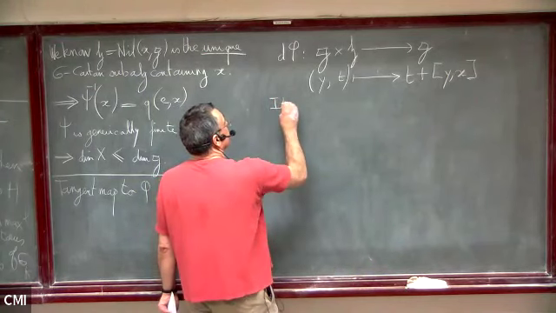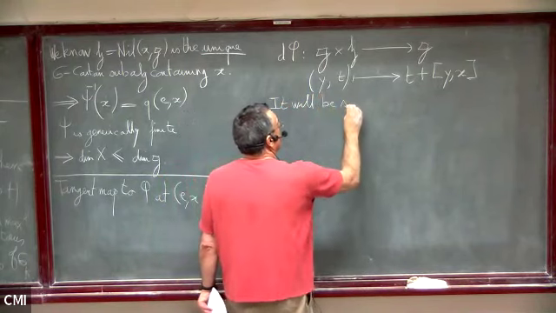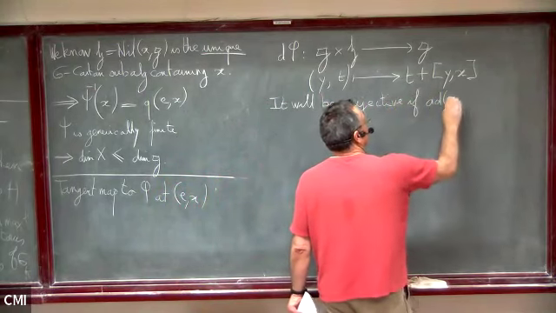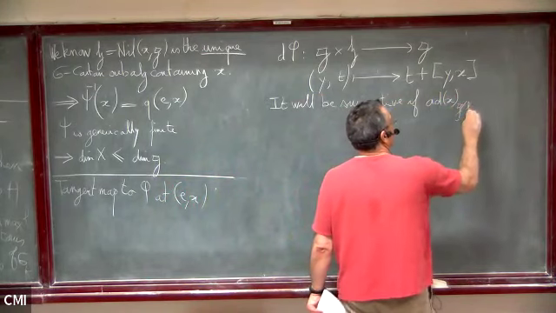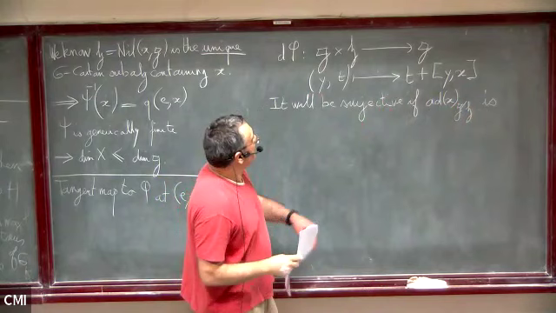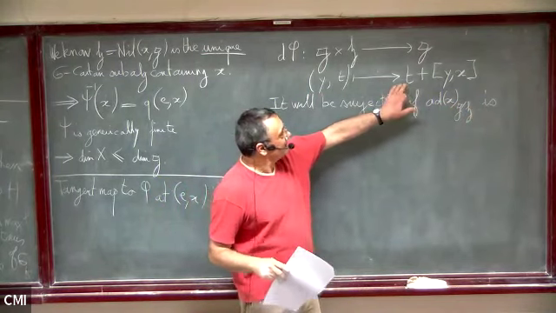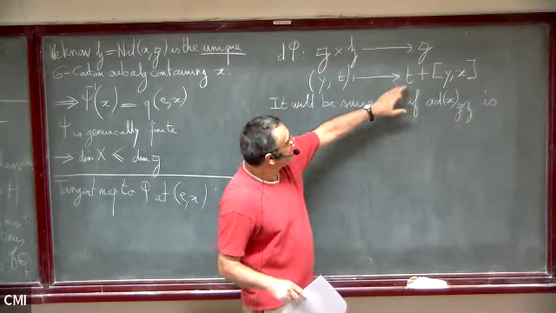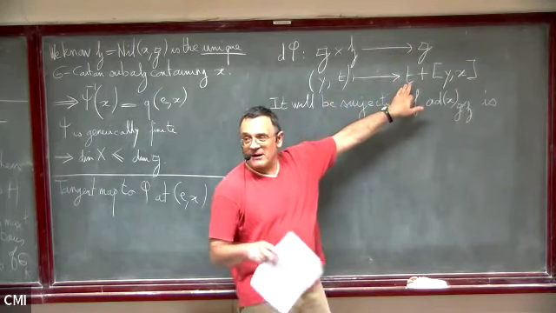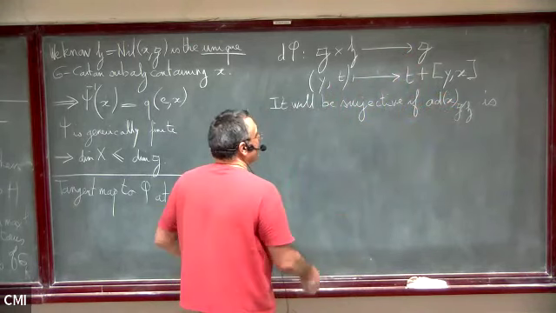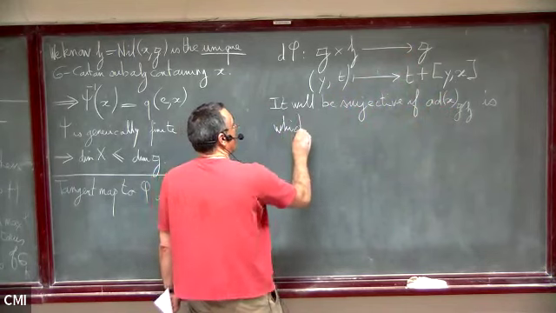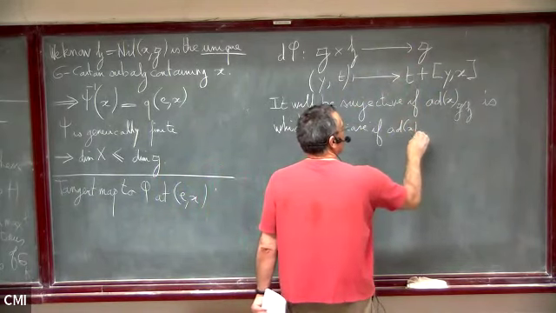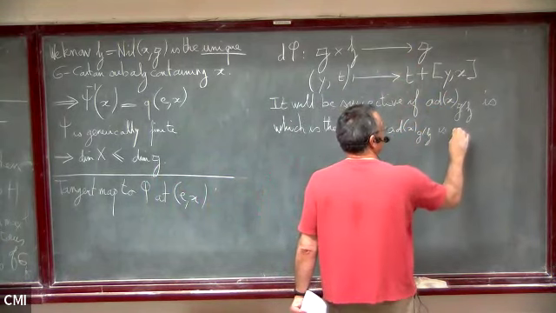And so it will be surjective if the map induced by ad X on g over h is surjective, because here we have freedom: if we pick an element of g, we can choose the part in h, and so it's enough to say that this one is surjective, which is the case if ad X on g over h is injective.